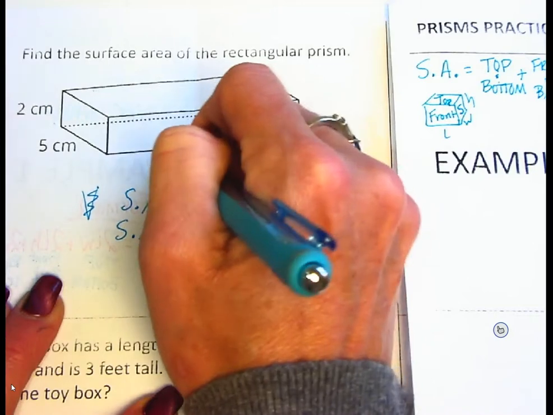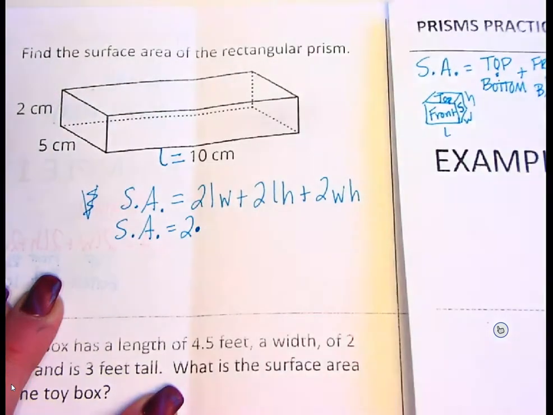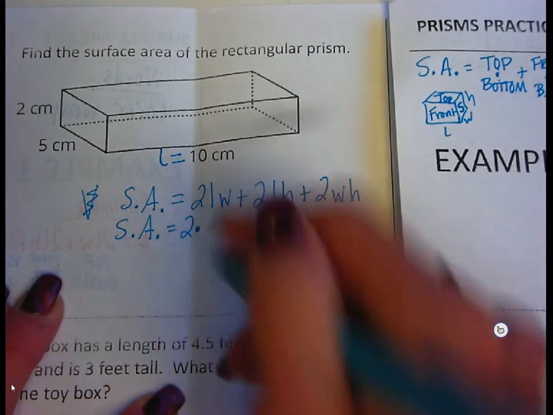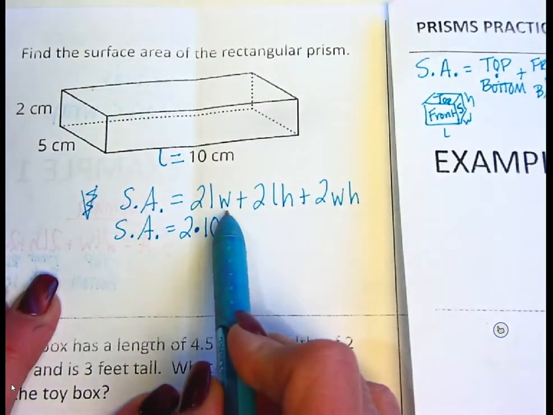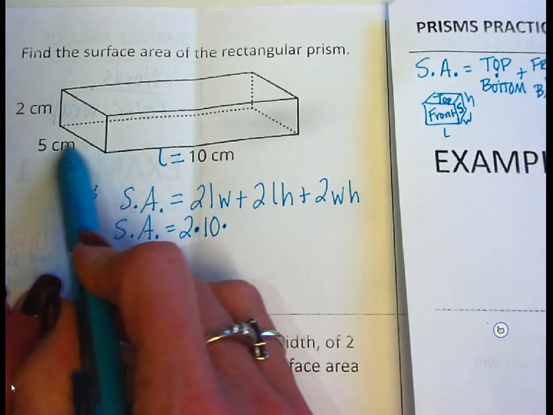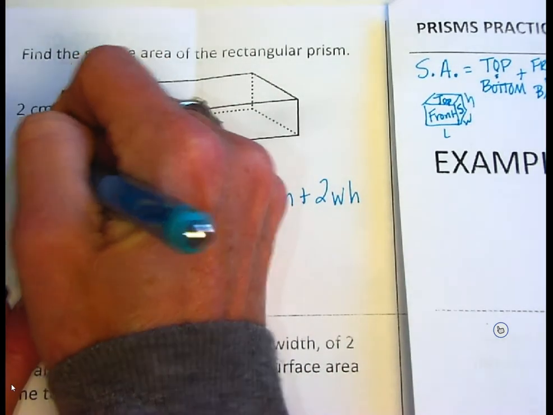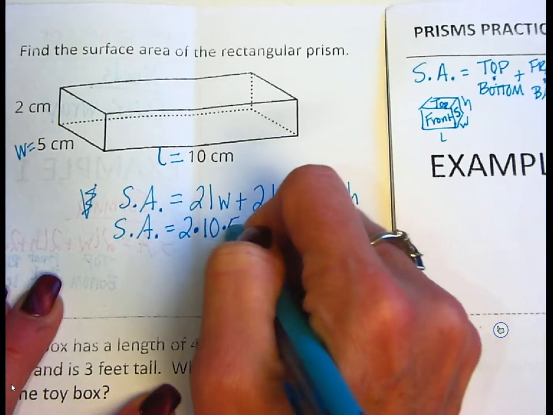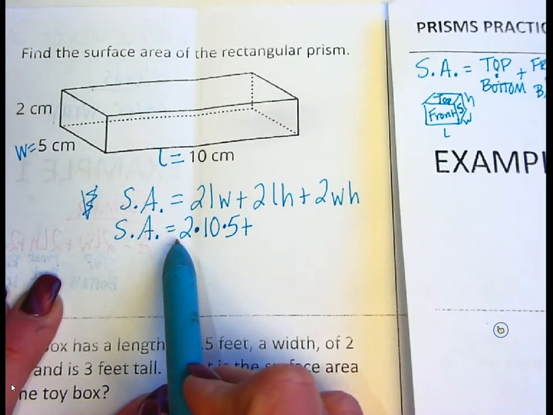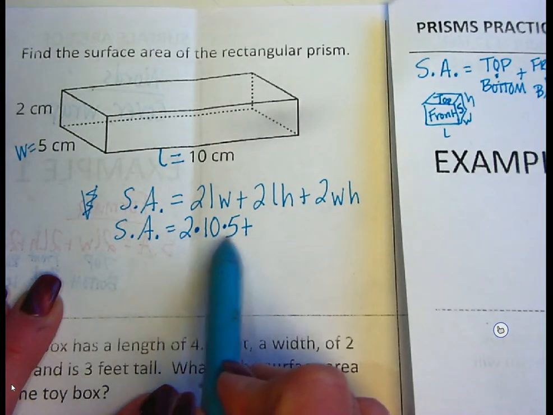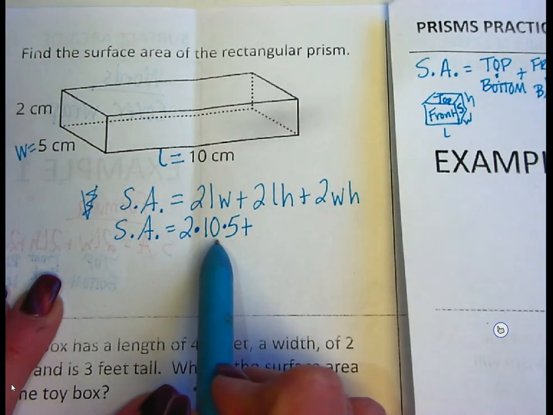If you have a picture, you should label it because you won't confuse the dimensions. So this is going to be 2 times 10 times, and then what's my width? 5. You see that? The 5. So I'm going to label that as well. So far, this is 2 because there are 2. There's a top and a bottom. 10 times 5 is the area of the bottom and the top.